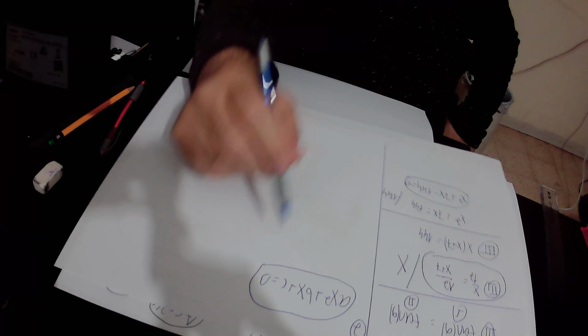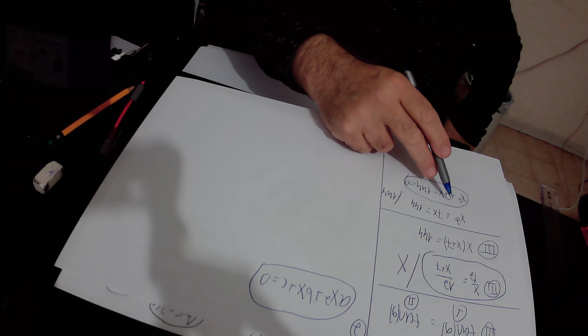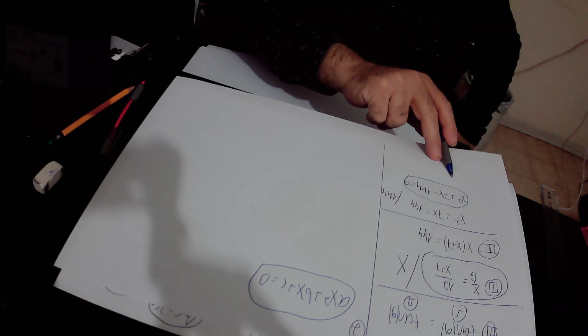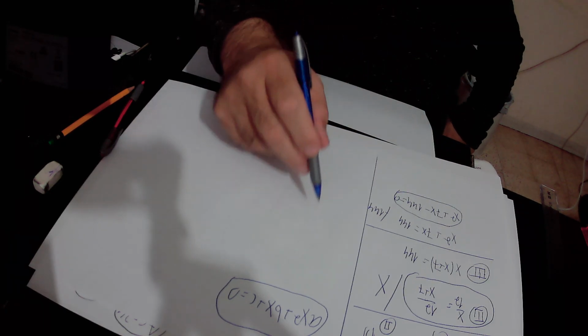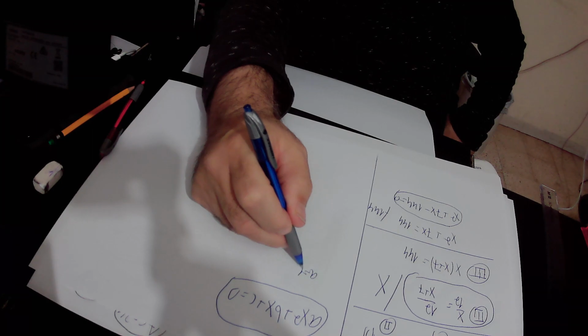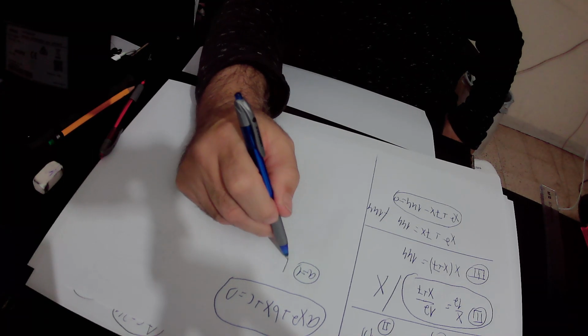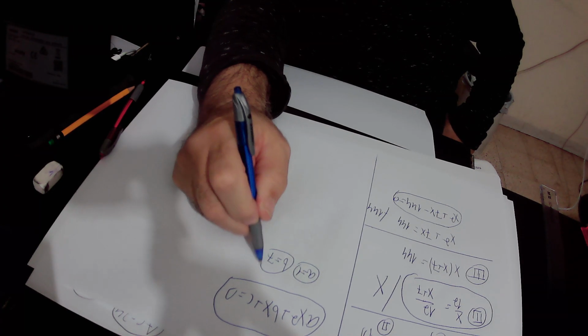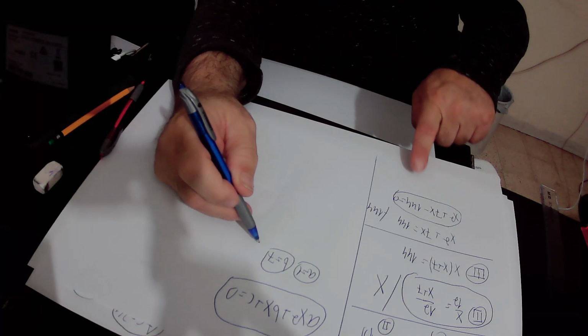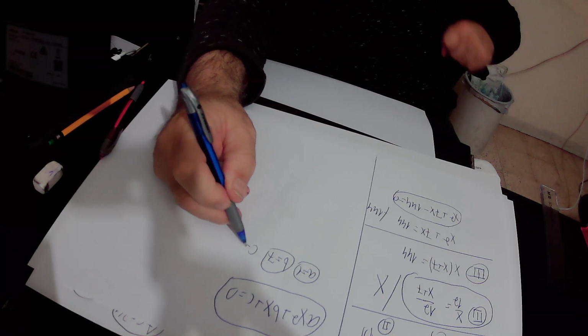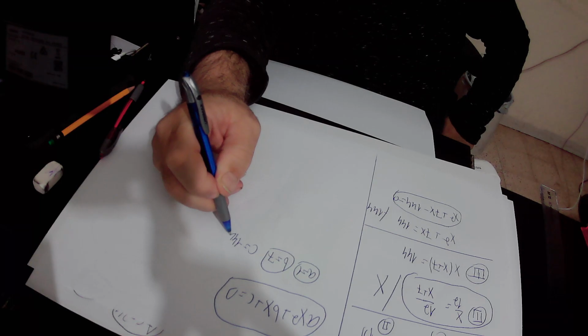In our specific quadratic equation, the coefficient a equals 1, the coefficient b equals 7, and finally the coefficient c equals minus 144.